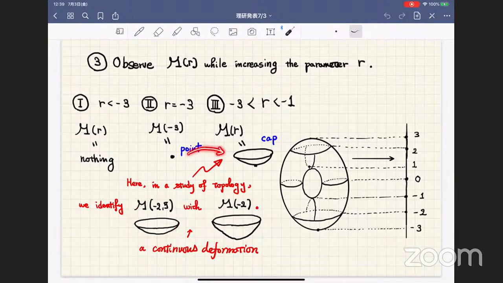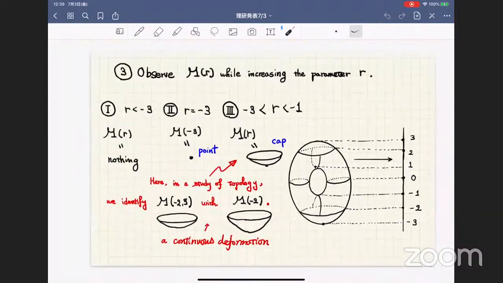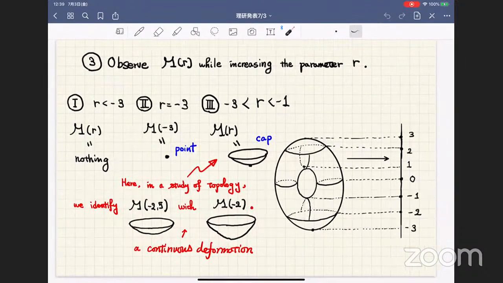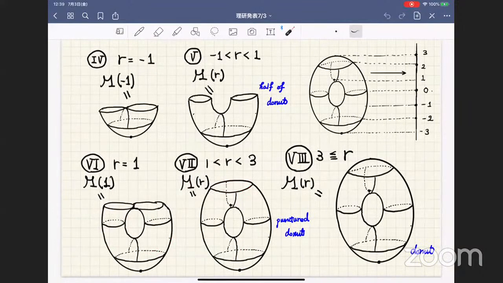But this change, for example, has topological changes. In the next step, if r is equal to -1, then we have this shape. If r is greater than -1 and smaller than 1, we have M_r as a half of the donut.